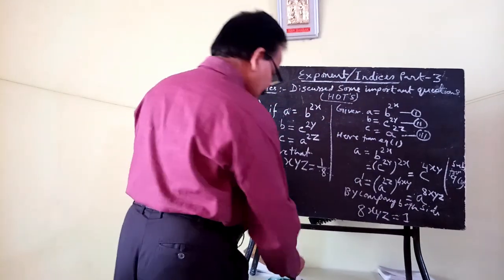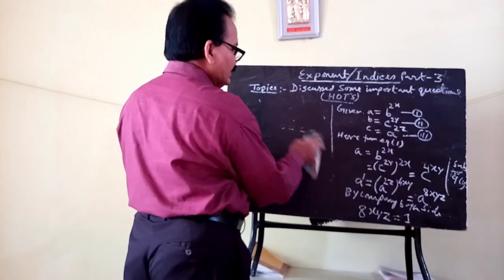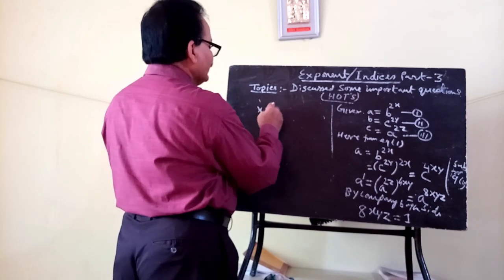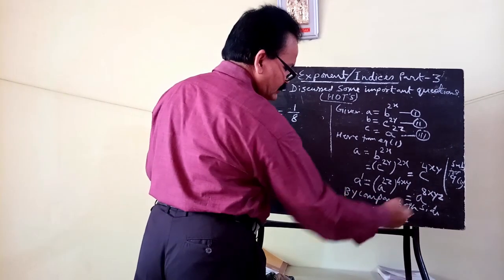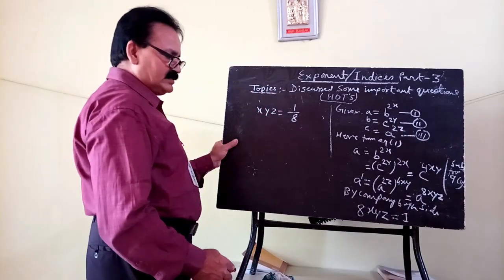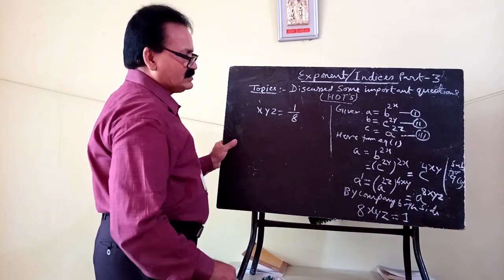So it is clear that xyz will be 1 by 8. You take 8 to the right side. Here it is in multiplication, so it will go to division. Clear? This is how you can solve this type of question.